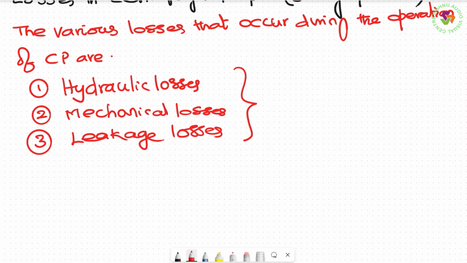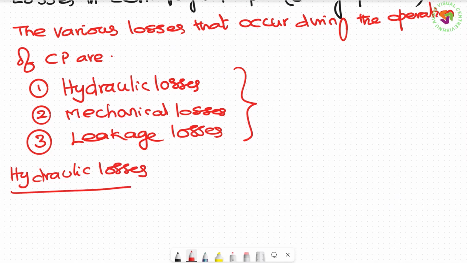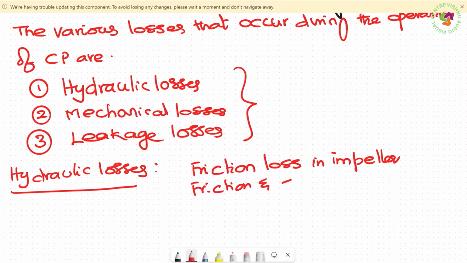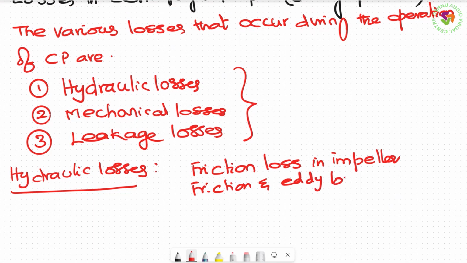Let us take the first one, hydraulic losses. What do you mean by hydraulic losses? The various hydraulic losses are, first, the friction loss in the impeller. Then friction and eddy losses; eddy losses means cross currents.